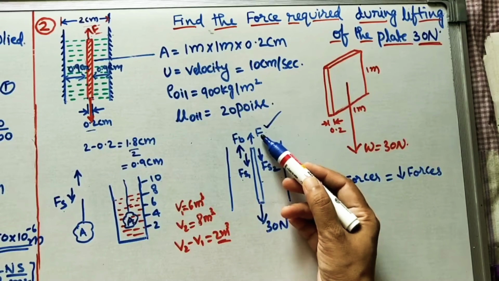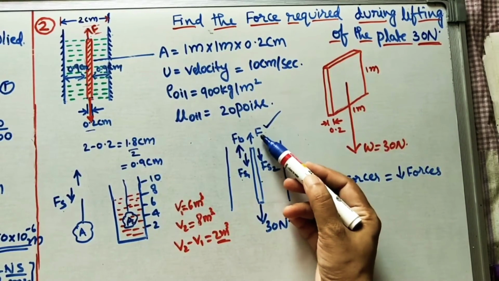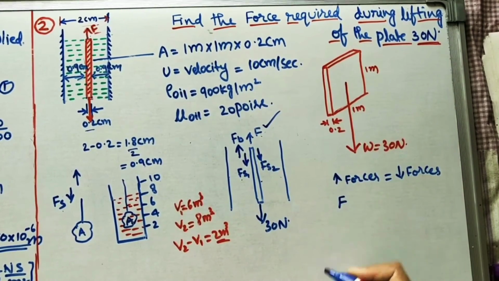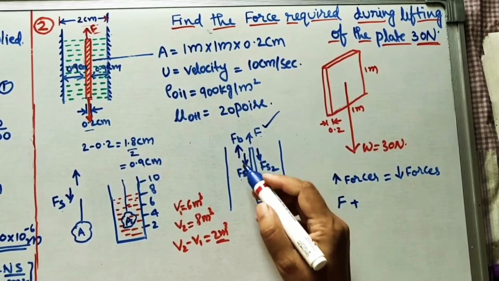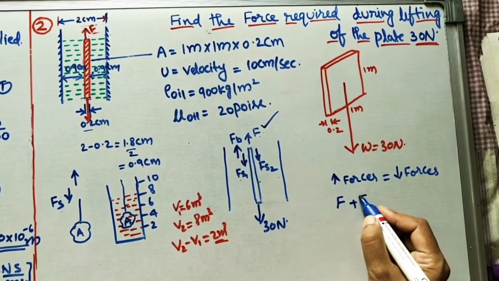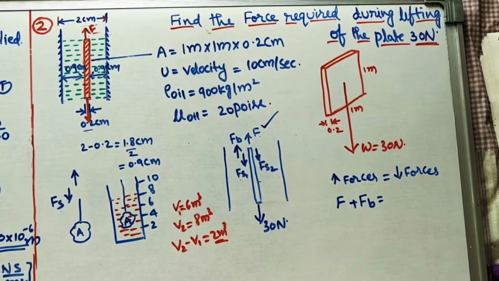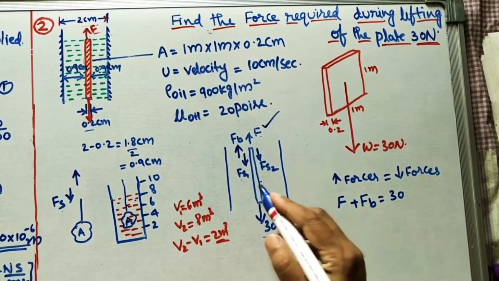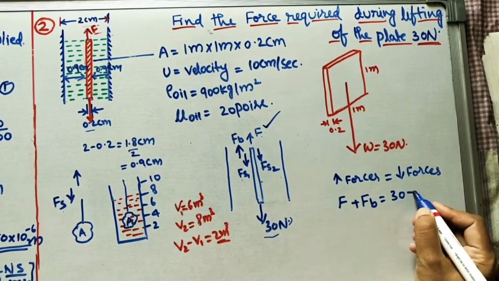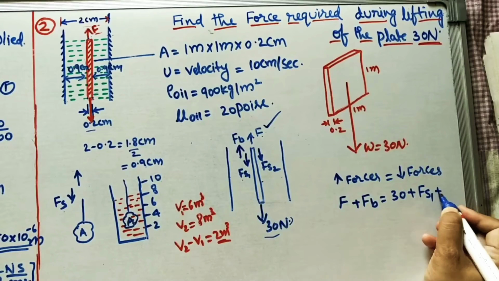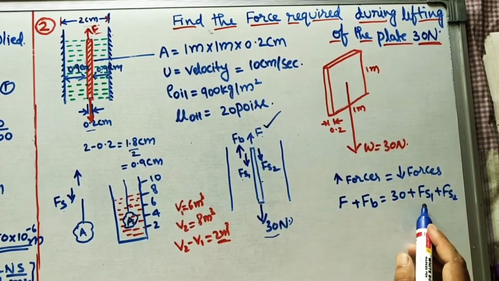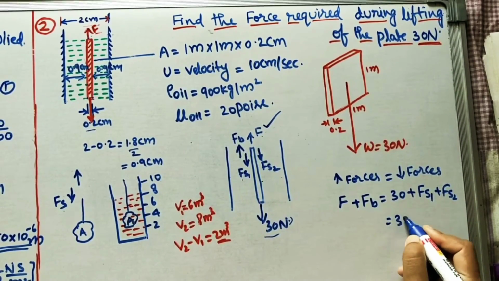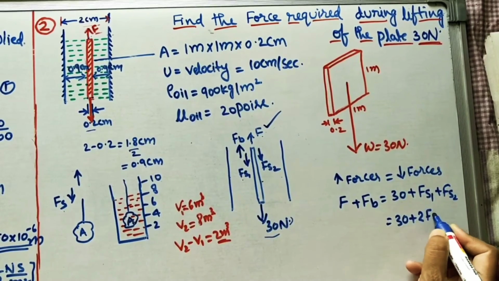We need to find the lifting force of this object or plate, F. What is the next upward force? Buoyancy force, FB, only two upward forces. What are the downward forces? Weight of this 30 newtons plus Fs1 plus Fs2. Both are in downward direction. As we know Fs1 is equal to Fs2, we can take 30 plus 2 into Fs1.